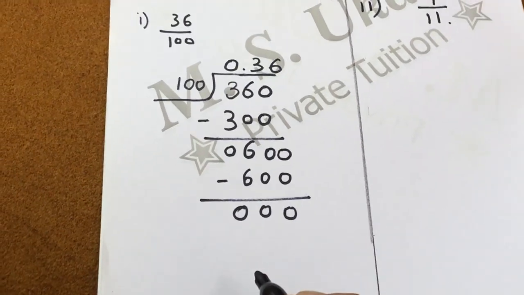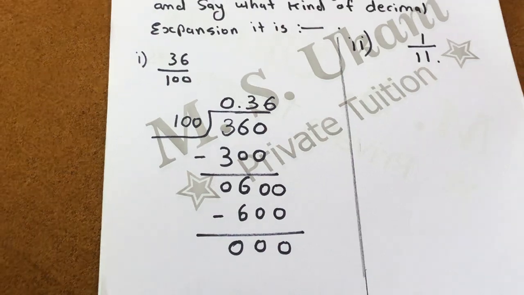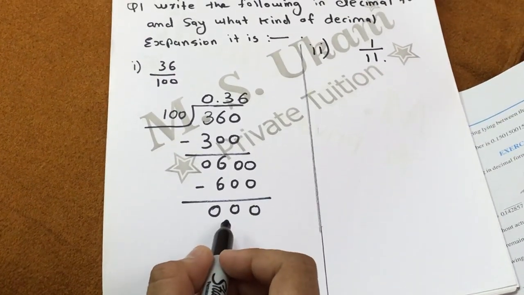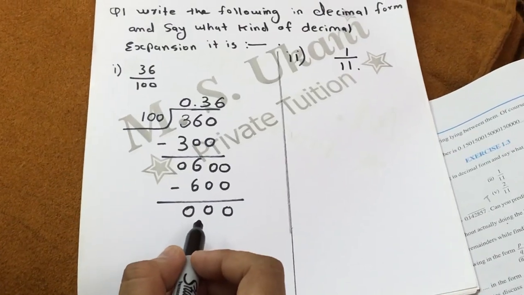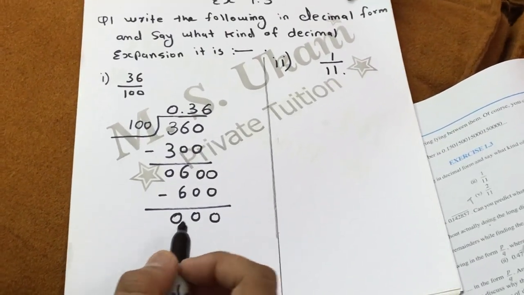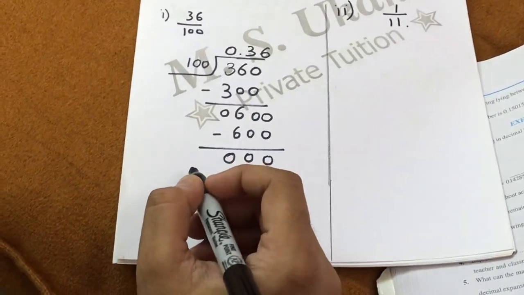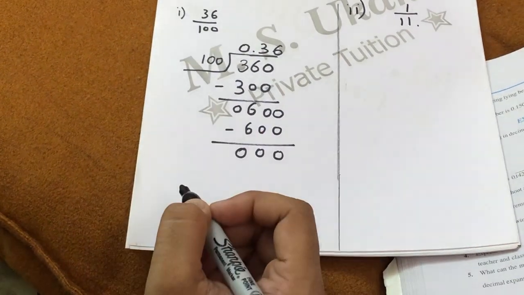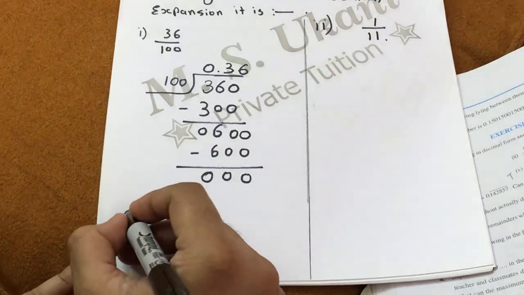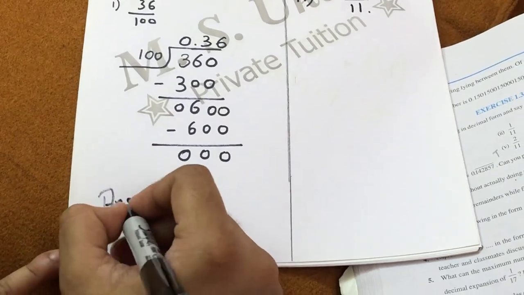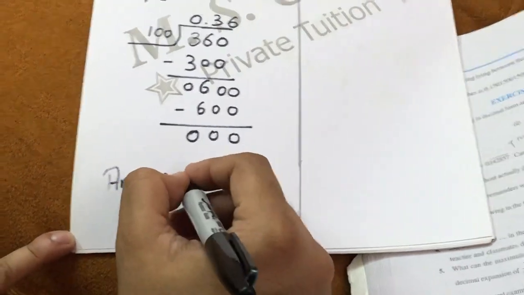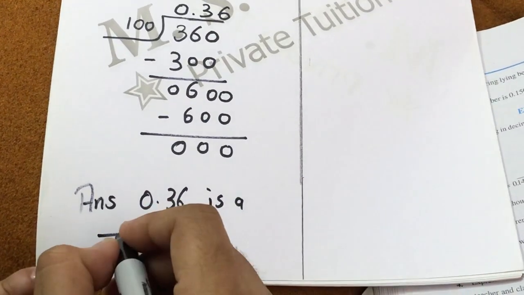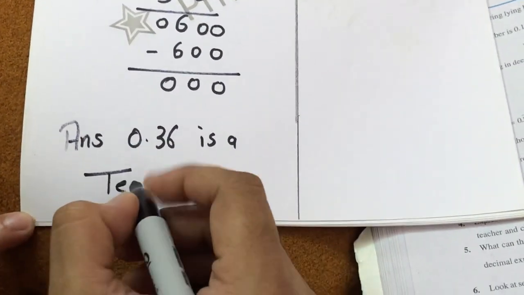So according to the rules, if the remainder comes 0, then the decimal type is terminating decimal. So our answer 0.36 is a terminating decimal.